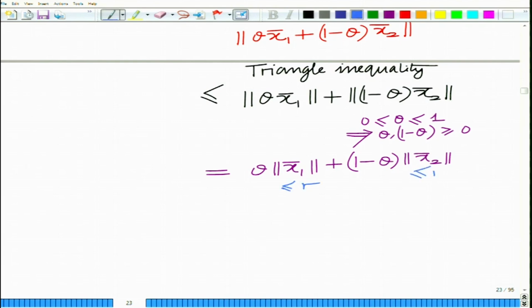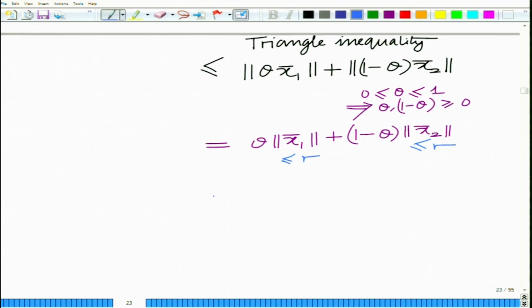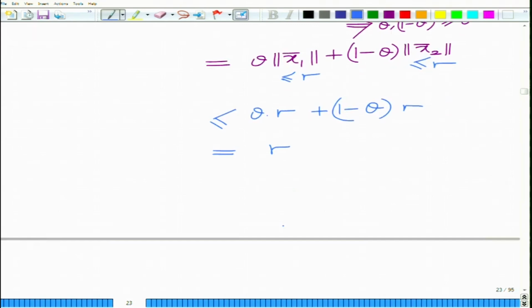Remember, both these quantities lie in the interior of the ball, therefore they are less than or equal to r. So this is less than or equal to theta times r plus 1 minus theta times r, which is nothing but r.